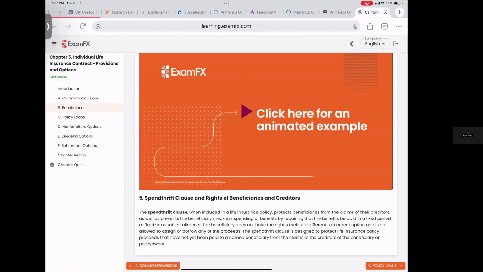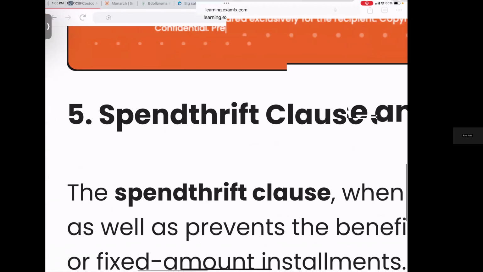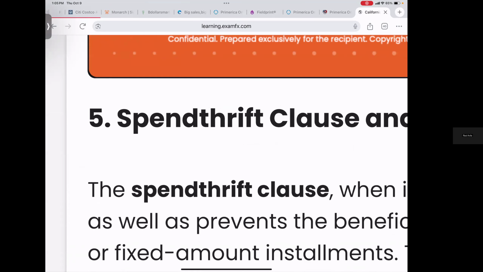Spendthrift clause. That might be on the test. The spendthrift clause protects beneficiaries from people going after the money when somebody dies, like creditors. For example, let's say I die and I owe $10,000 on a credit card, and the credit card company knows that my wife is going to get some money.